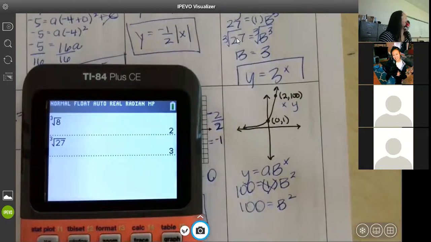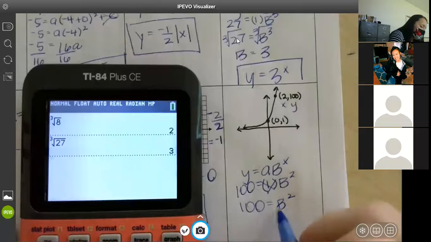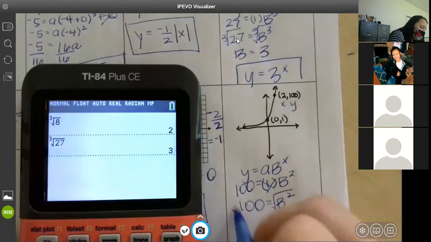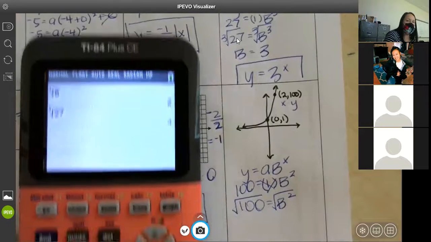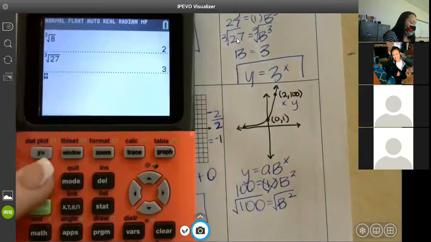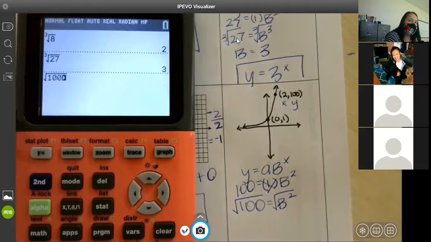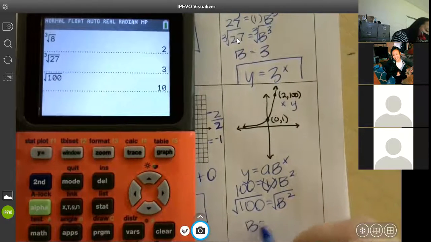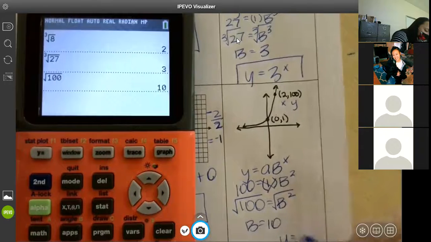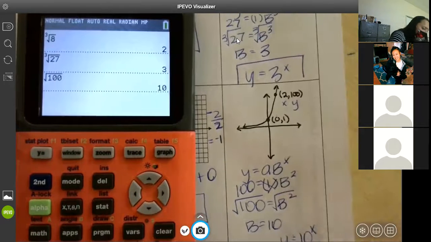Like I said, what squared gives you 100? If you don't know, remember to get rid of the square, we take the square root. So we square root 100. Then we get that b is 10. So our equation is y equals 10 to the x.